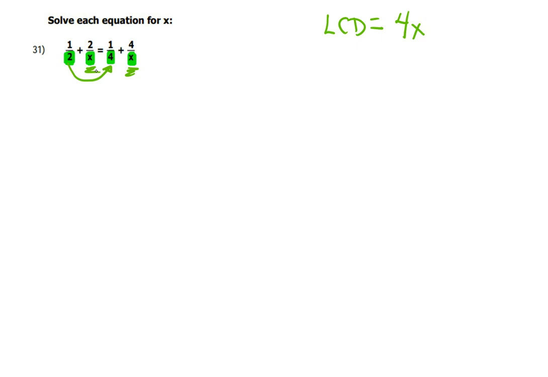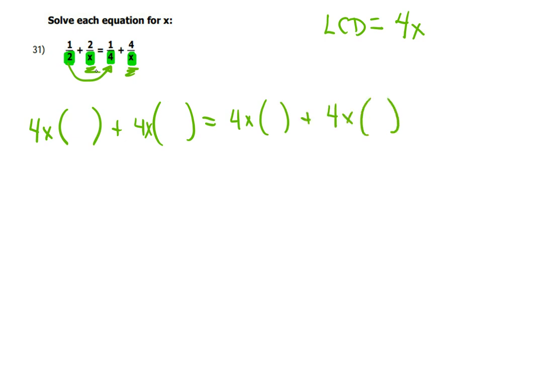So 4x is my least common denominator. So I'm going to take a 4x and I am going to multiply it times every single term in the equation.